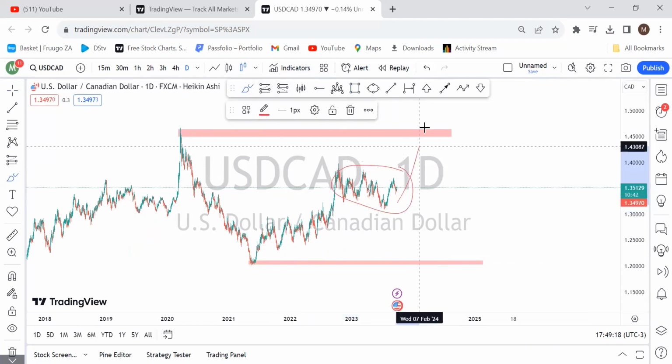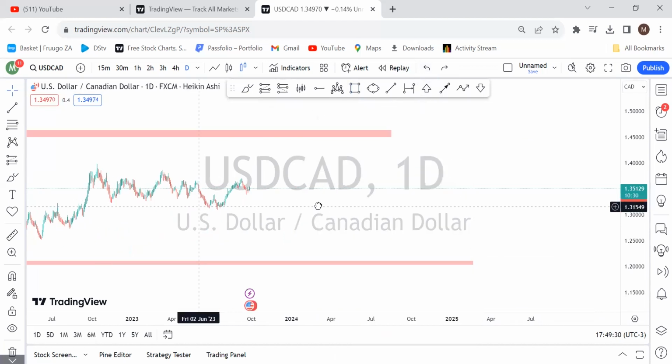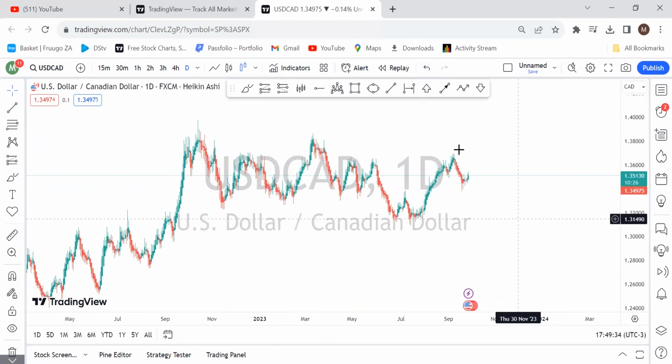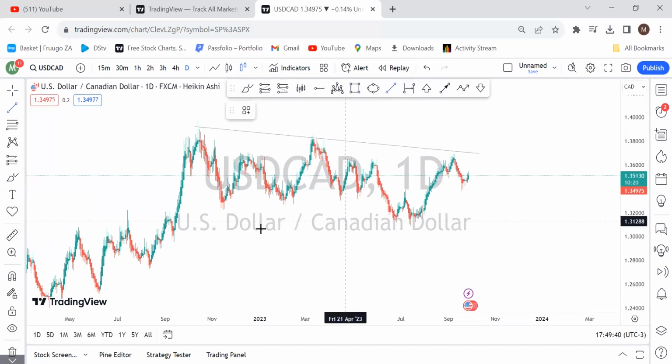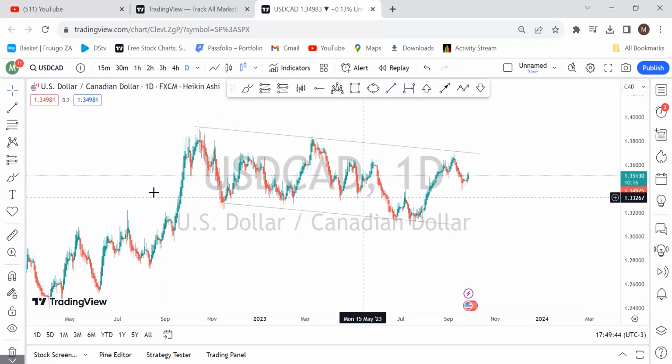So this means the price could continue going up to this resistance or high, right? So what you need to do is figure out this correction that we currently have by drawing a nice resistance right there and a nice support right there.